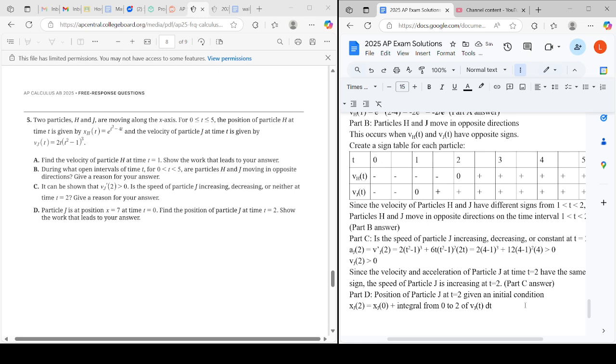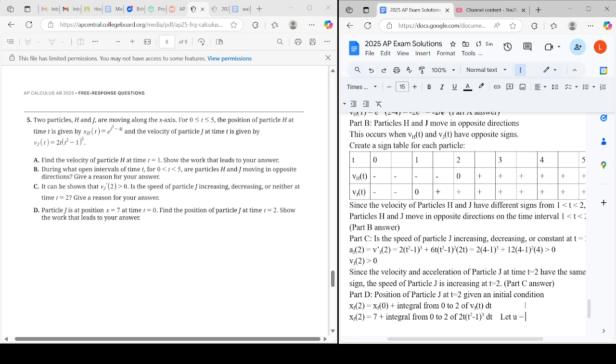So when we integrate the rate function, we get a net change in position. So this simplifies to x sub j of 2 equals 7, which is given in the problem, plus the integral from 0 to 2 of 2t times t squared minus 1 cubed dt. And here we're going to have to do a u sub.